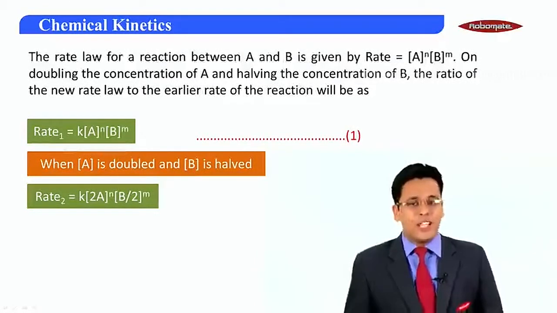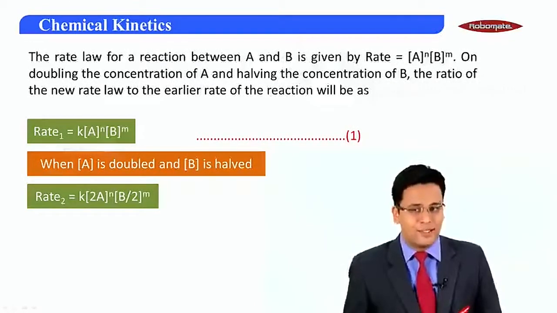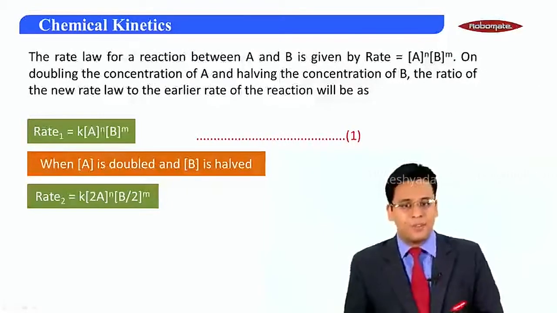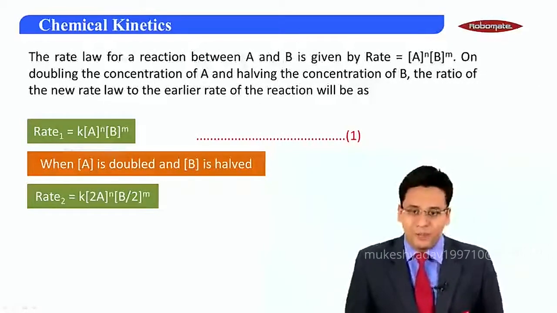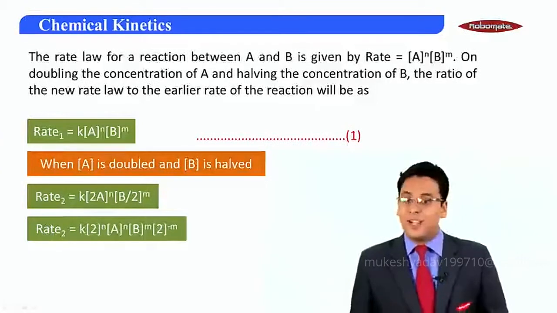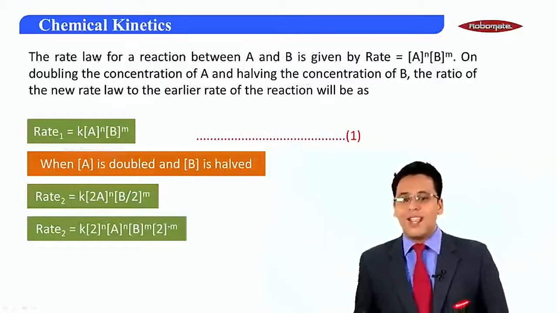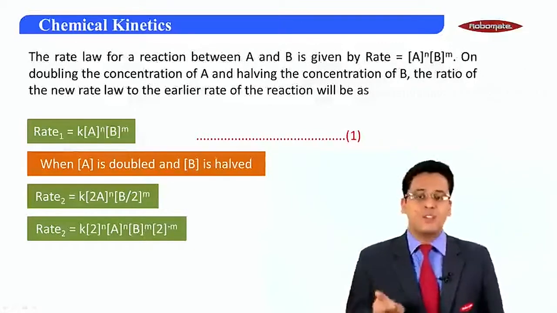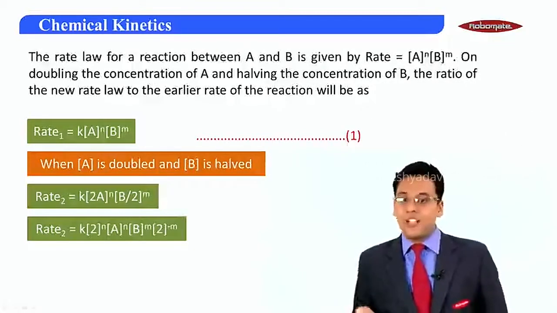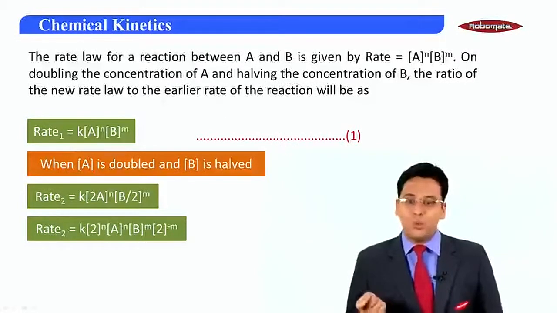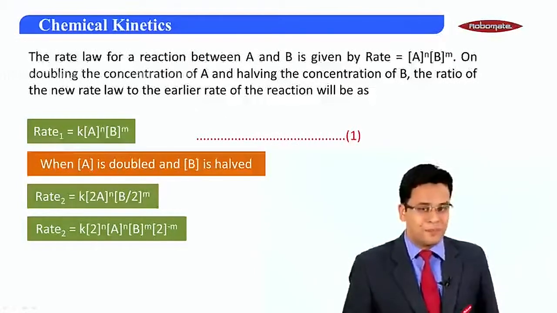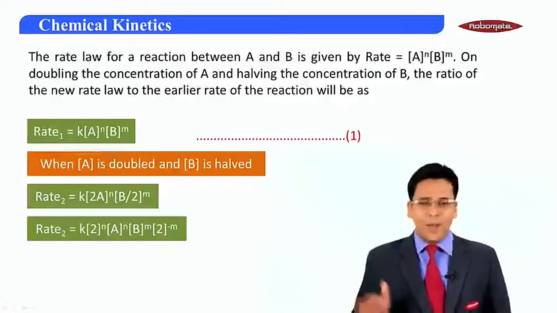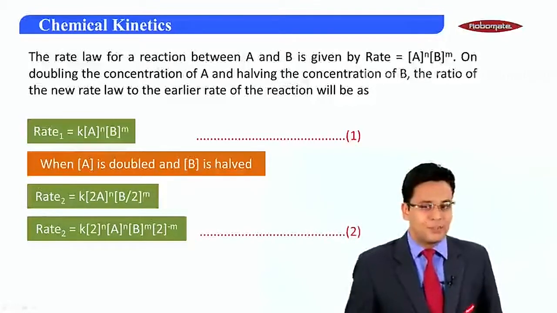Just by using laws of indices, by splitting the terms, rate 2 is equal to k into 2^n into [A]^n into [B]^m into 2^(-m). Fairly simple. Now let's mark this as the second equation.